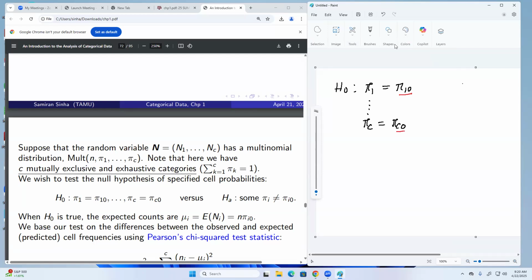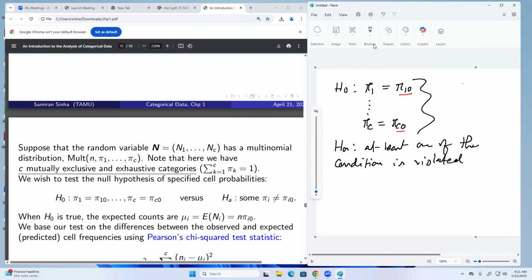These are specified by users. And the alternative is that at least one of the conditions is violated. These conditions are specified under the null, and the alternative is at least one of them is violated.